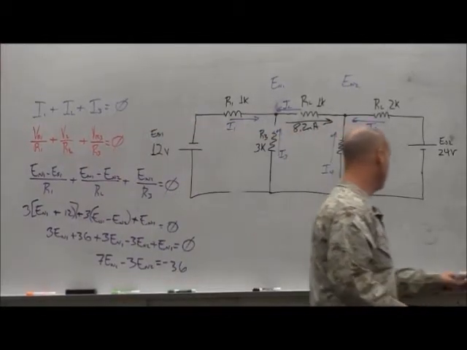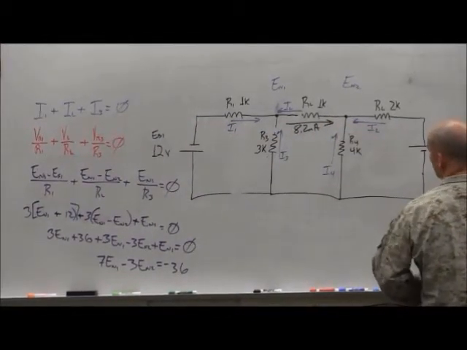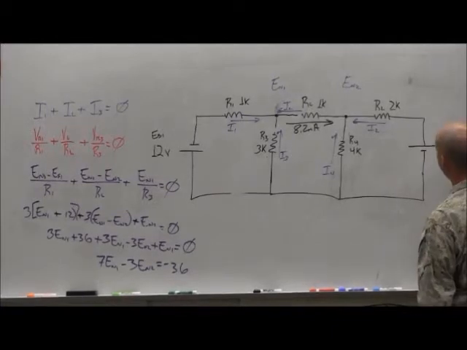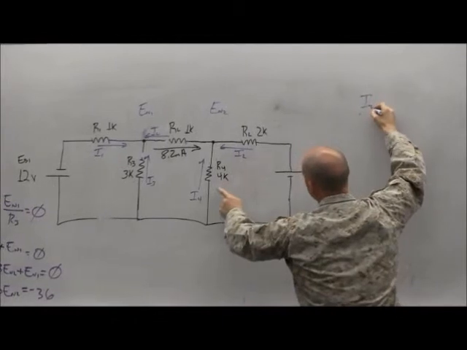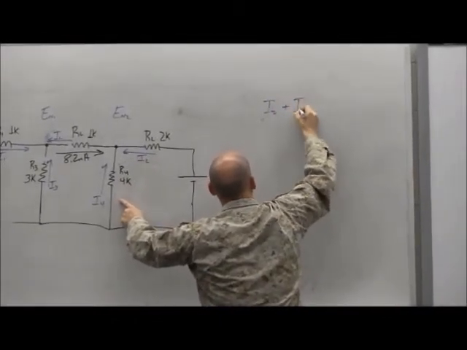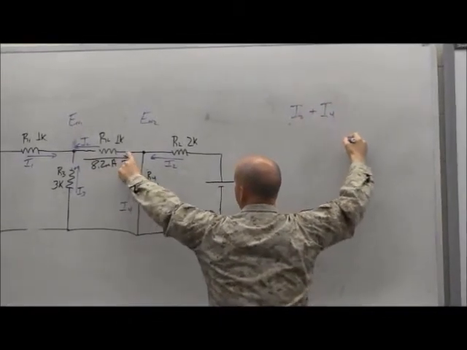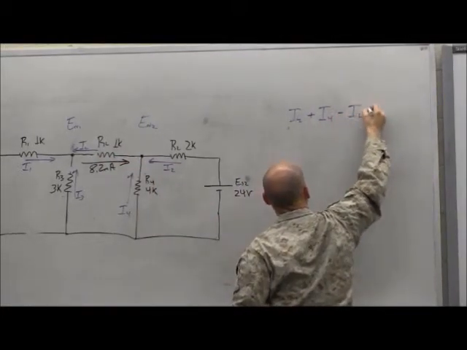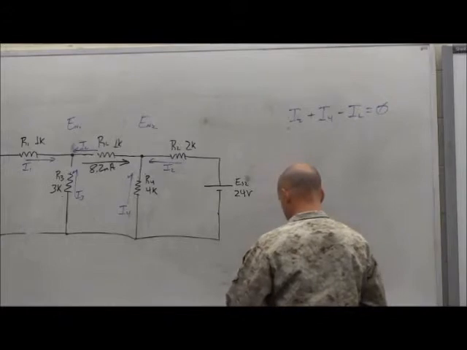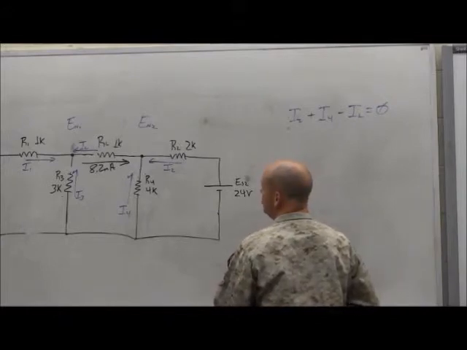For our node 2 equation, we will have I2 plus I4 minus, because that one is leaving the node, minus IL equals 0. From there, we'll make a substitution.